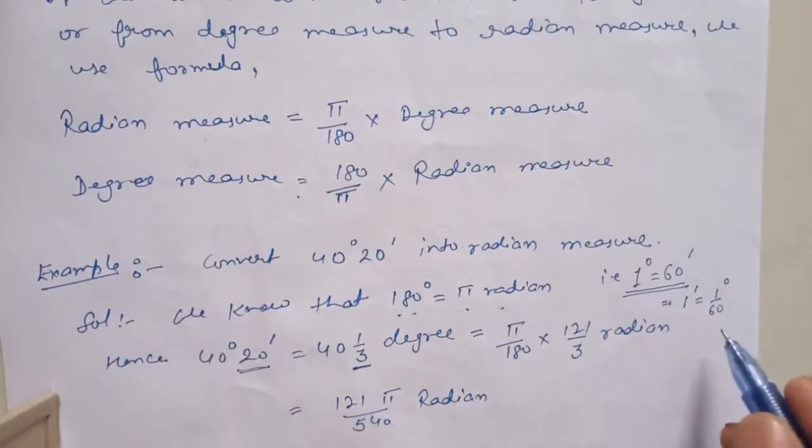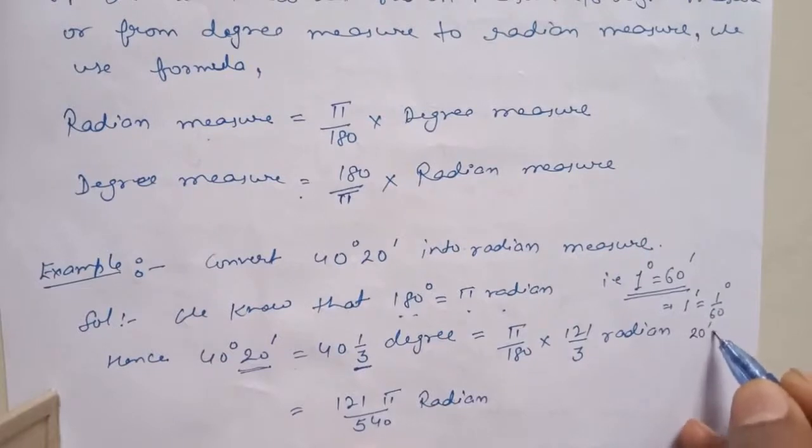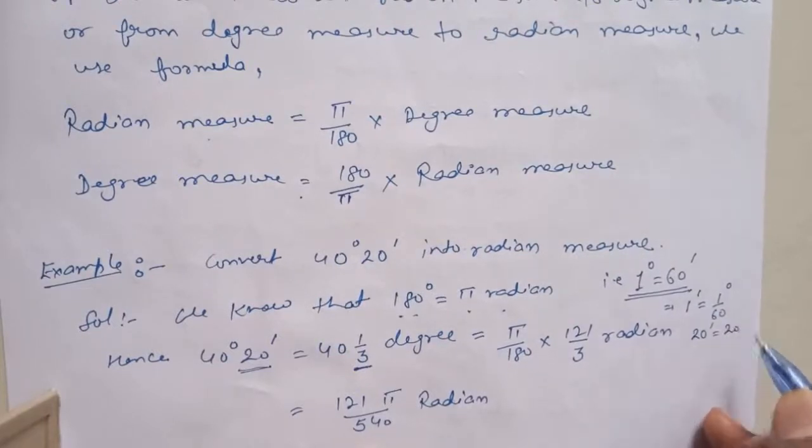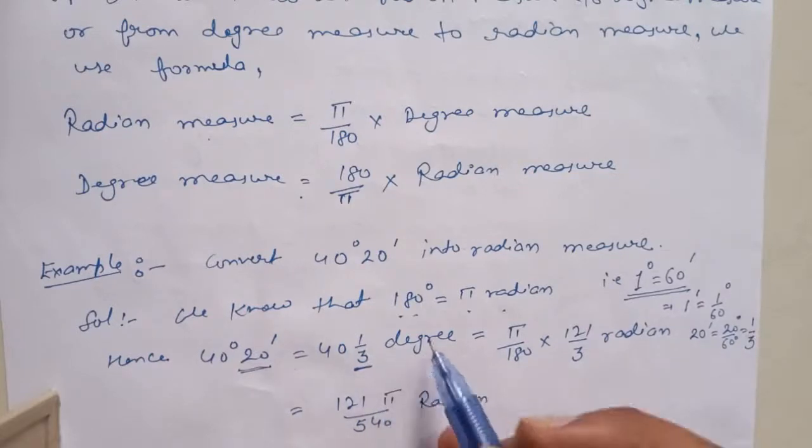Now if we have to find 20 minutes in degree, we use 20 by 60, which is equal to 1 upon 3. That's why here we use 1 by 3 degree.